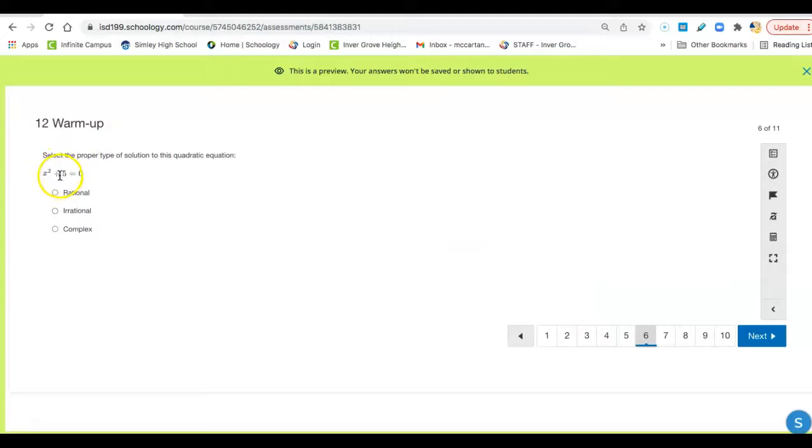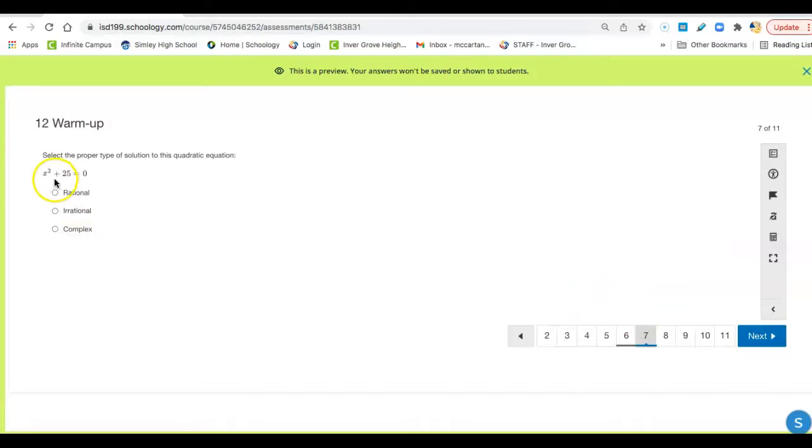All right, now this one says +5. So if I move it to the other side, it's -5. So I'm trying to take the square root of a negative number. That is a complex number. It's a complex solution to this. I need to take the square root of a negative number to find the answer.